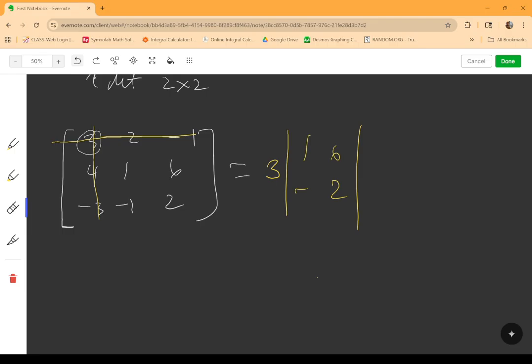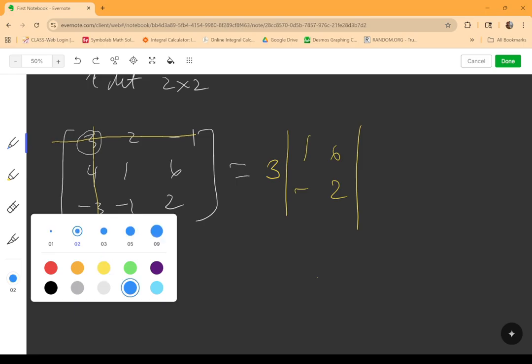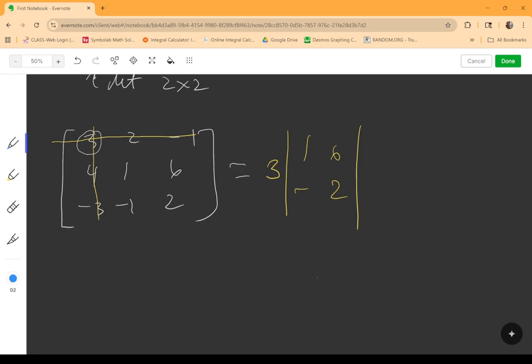Then from there, I move on to the next term. Again, I'm expanding across the first row, so my next term is -2.